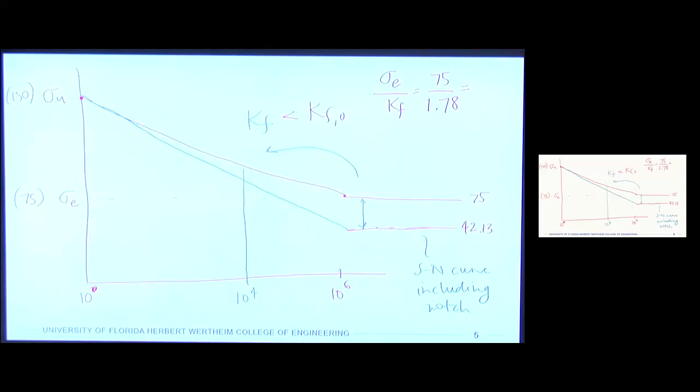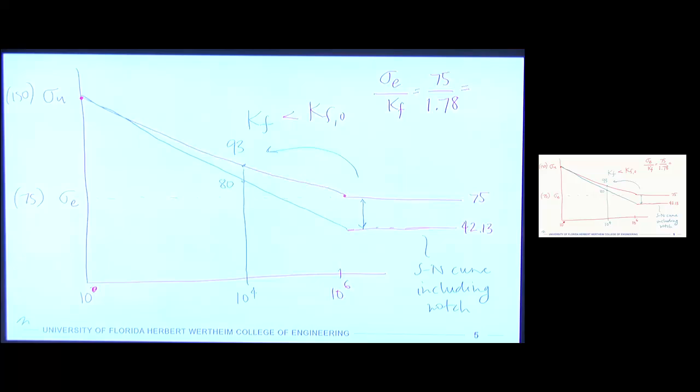On the top line here, it looks like about 93 KSI, and at 10 to the 4, the bottom line is at 80.